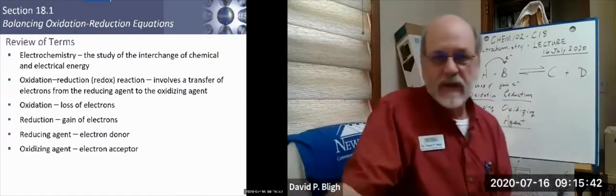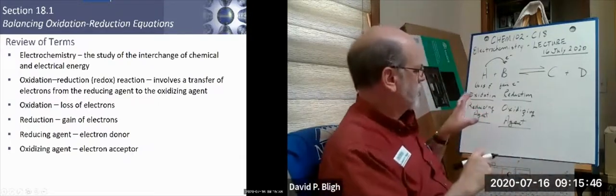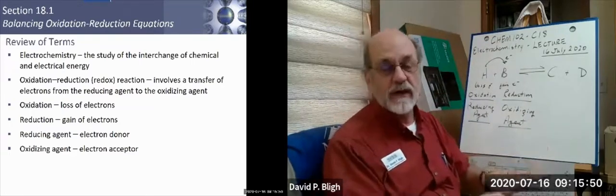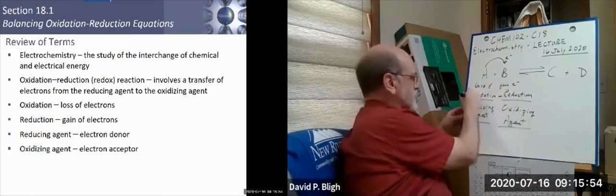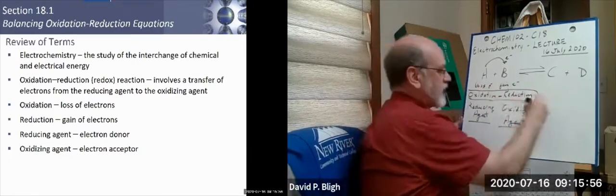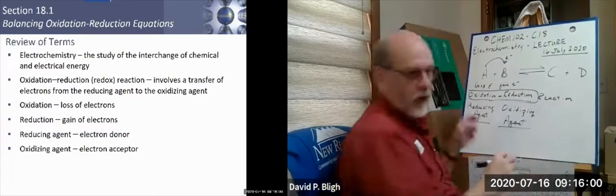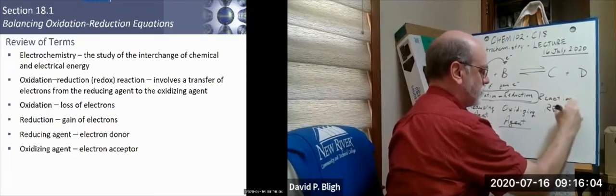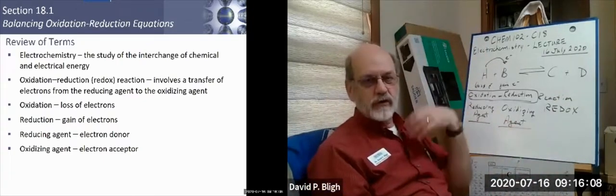So we've got those terminologies down, and the whole process taken together is called oxidation reduction. Okay, just oxidation reduction reaction. Or for short, we say redox. We say redox because it flows better off the tongue.